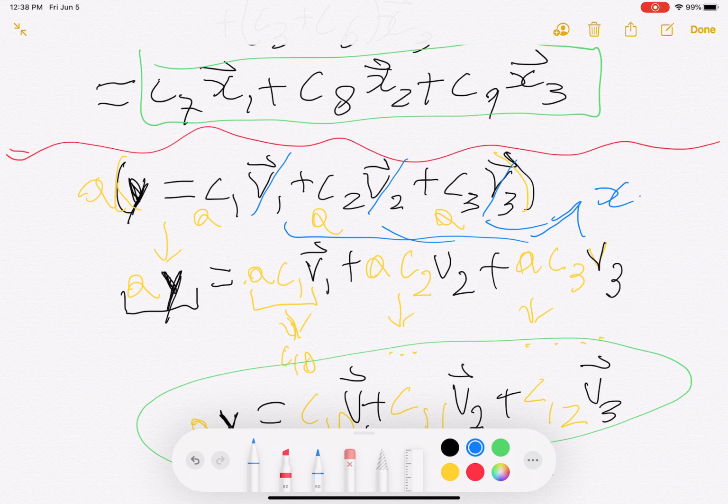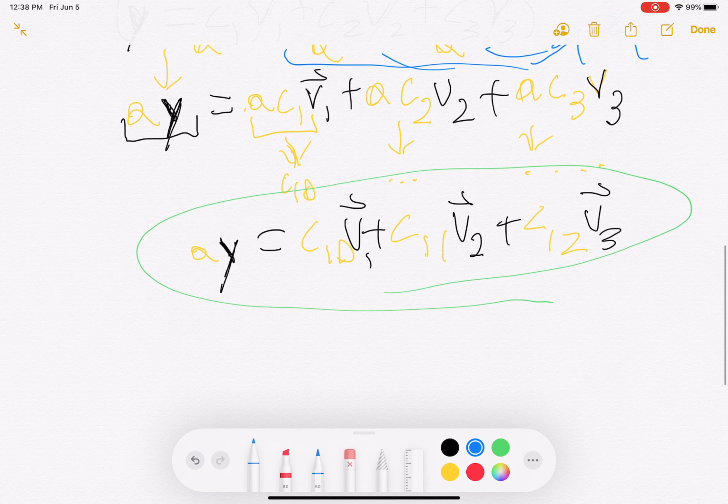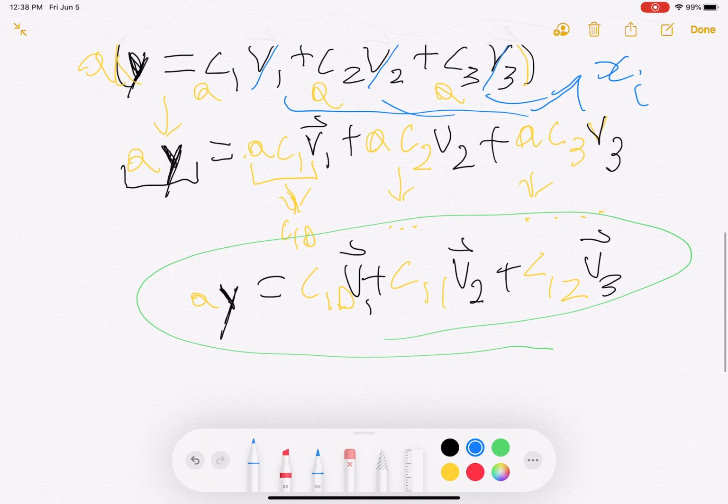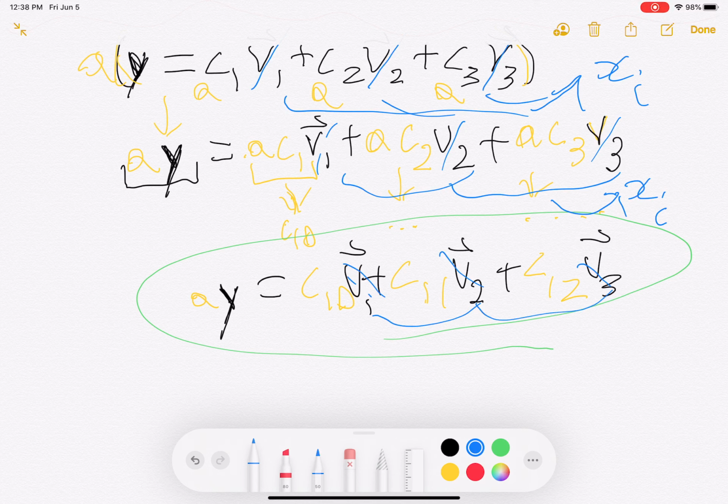So we'll use xi as our notation for this. I'm just going to fix this so you don't get disoriented. Sorry for that one.